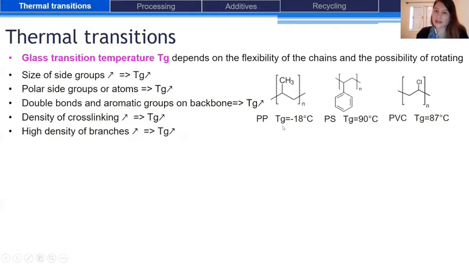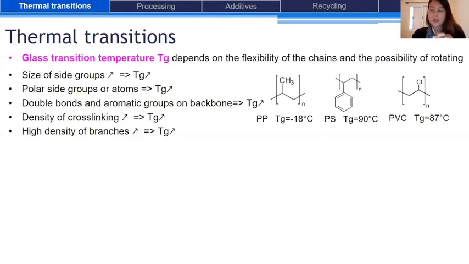And you can see that it impacts the Tg dramatically. The Tg of polypropylene is minus 18 degrees C, whereas the one of polystyrene is 90 degrees C. So having a bigger side group makes it much more difficult for the chains to have these conformational changes.